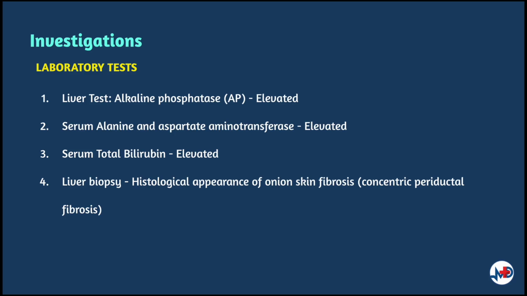Increases between 3 to 10 times the upper limit of normal occur in 95% of cases. Serum alanine and aspartate aminotransferases, ALT or AST, are usually 2 to 3-fold higher than normal levels. The serum total bilirubin level is normal in 60% of individuals at diagnosis. The most common characteristic histologic feature is onion skin fibrosis, and this is seen in liver biopsy.